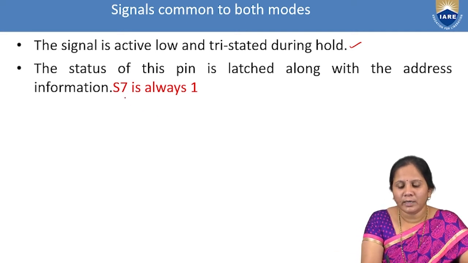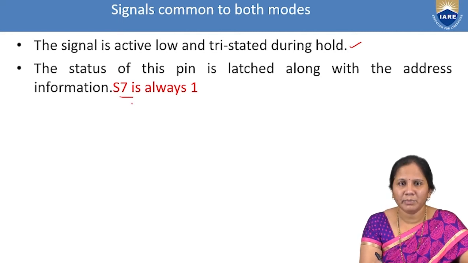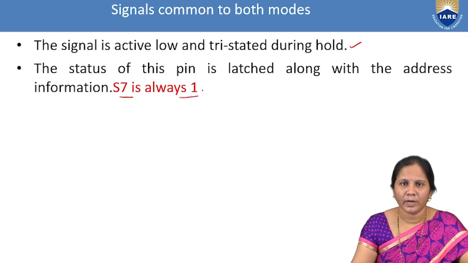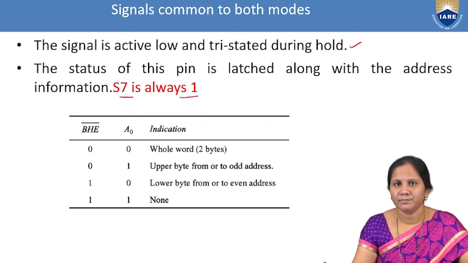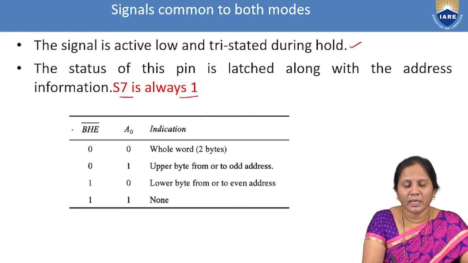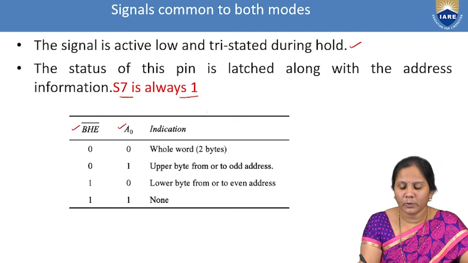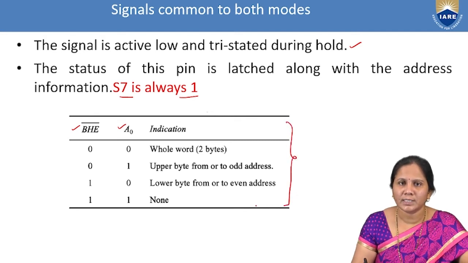Here S7 is one of the status signals which is combined with that BHE bar signal. This S7 will always be 1. This BHE bar signal along with A0 will decide the selection of the address.